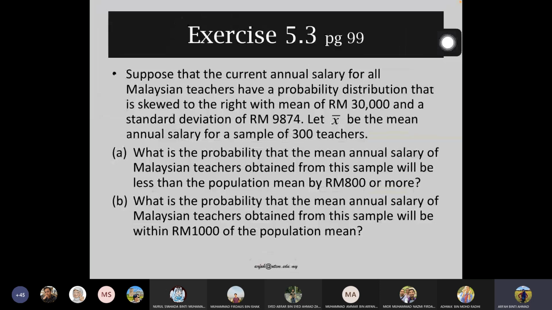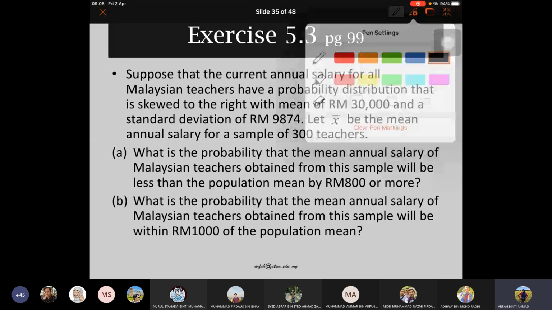Suppose that the current annual salary for all Malaysian teachers has a probability distribution that is skewed to the right, with a mean of 30,000 and a standard deviation of 9874. So, the question says the mean is the population mean.